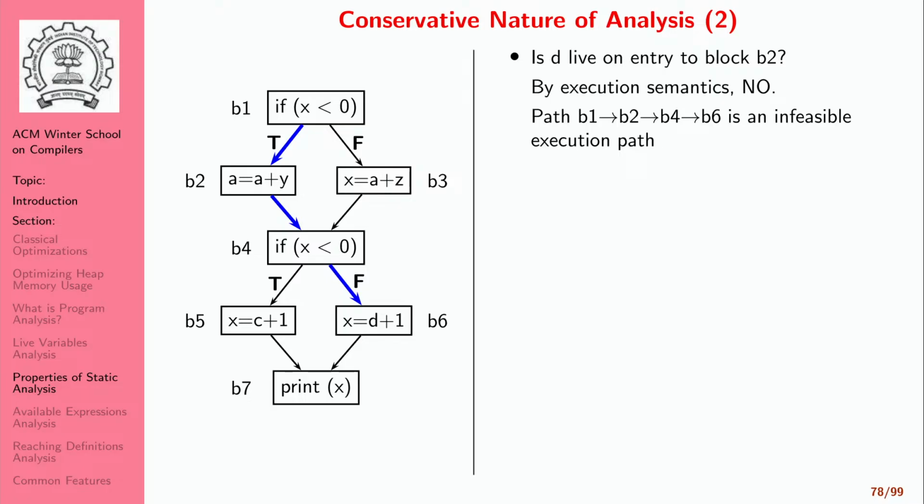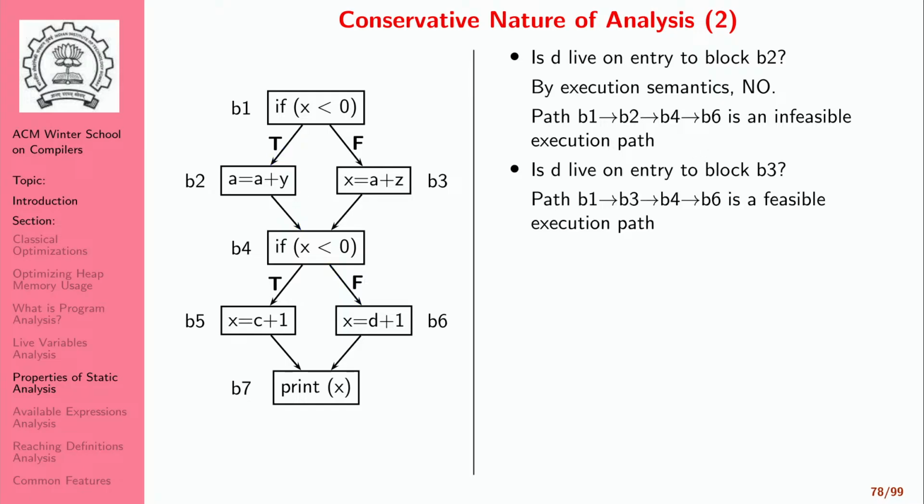So I may take this path, but I cannot take this path. This is another example of an infeasible execution path. There is a very interesting data flow analysis called branch correlation analysis, which says that if this branch was true here, next time you have a branch, will it always be true? So do the branches correlate? If you can do branch correlation analysis, then you can figure out infeasible paths in a program.